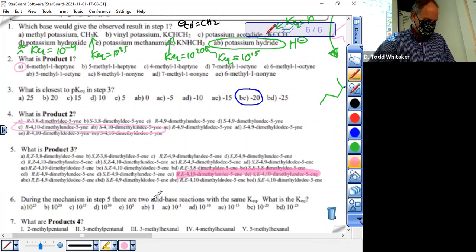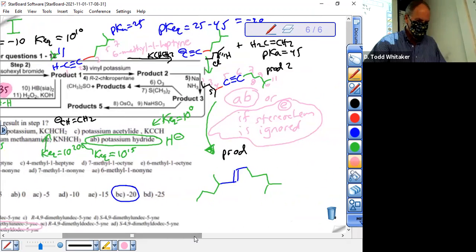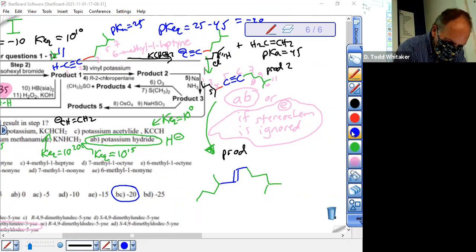Step 5, there are 2 acid-base reactions with the same KEQ. What is the KEQ? Well, this is getting really nasty. Step 5, where are you, step 5? Oh, here. Oh, yeah, that's the one where you kind of have to know the mechanism. You got a C-triple-C minus in one of the steps.